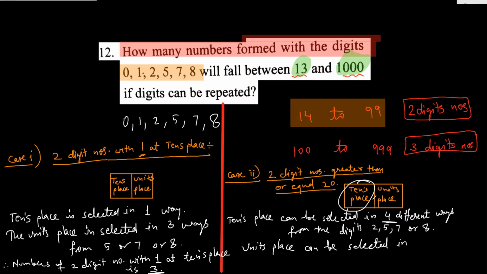But remember, now for units place you don't have to reduce. So units place can be 0, 1, 2, 3, 4, 5, there are 6 ways you can fill the units place. Can be selected in 6 different ways. Why 6? It is because you can have 0 there, you can have 1 there. No worries. See, if you have 0 there and 2 here, it is 20. 20 is greater than 13. You got that?